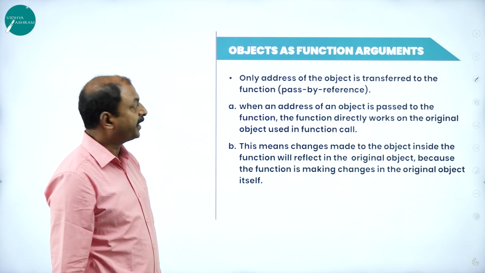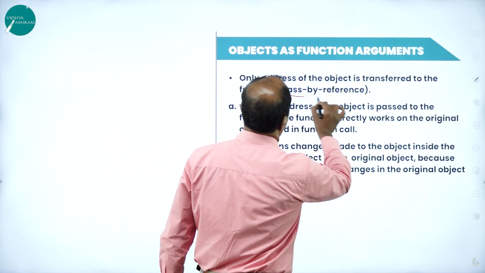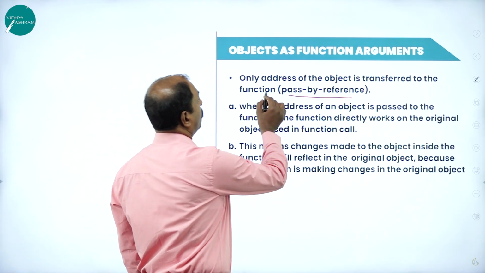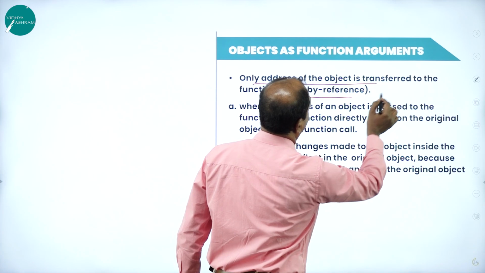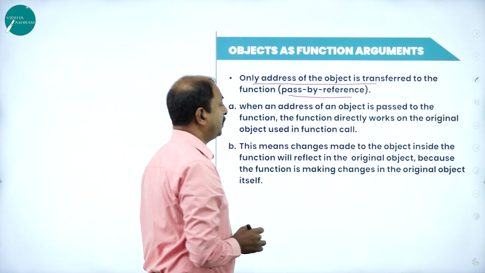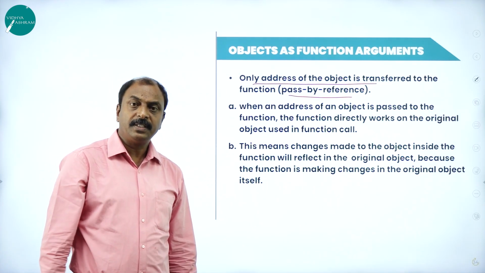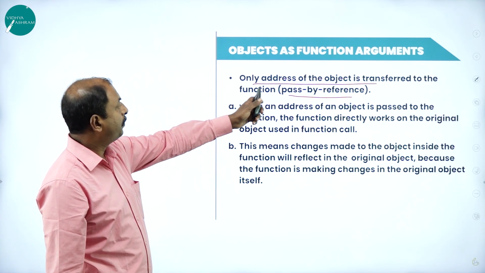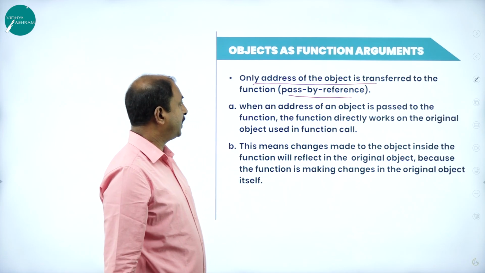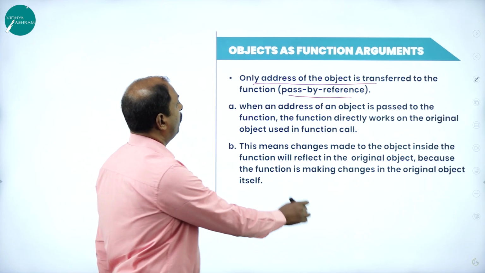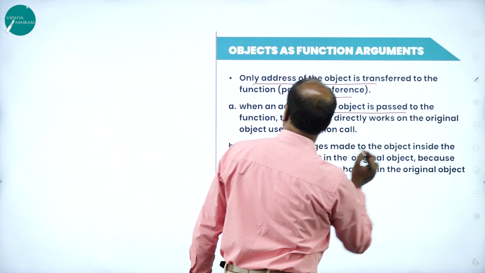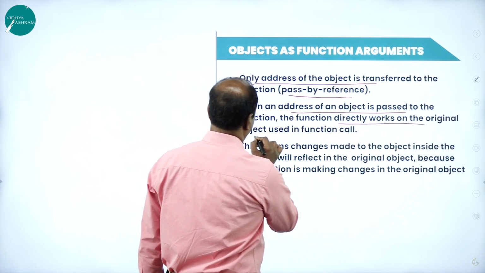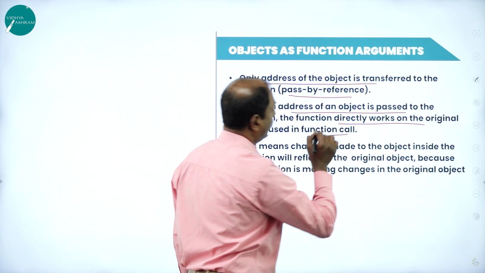The next, or second, method is the pass by reference method. So what is the pass by reference method? Here only the address of the object is transferred to the function. In the previous example we were passing the copy of the object, but here we are passing the address of the object as a reference. So when the address of the object is passed, the function directly works on the original object used in the function call.